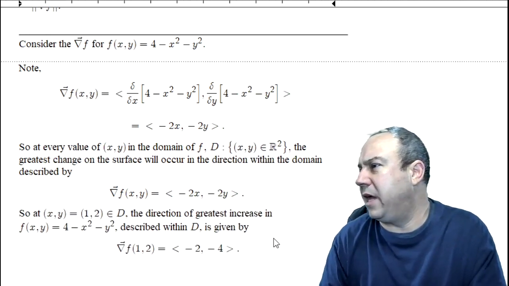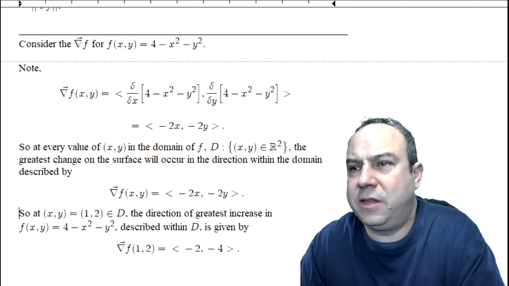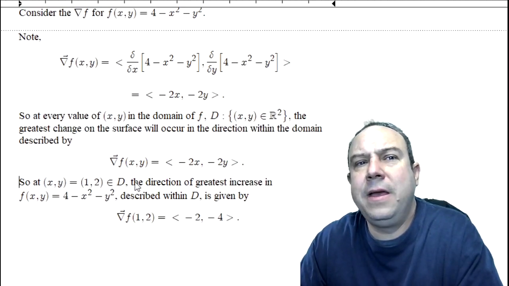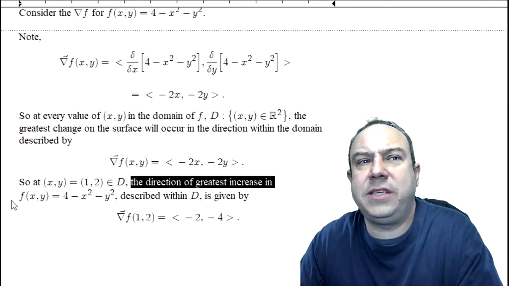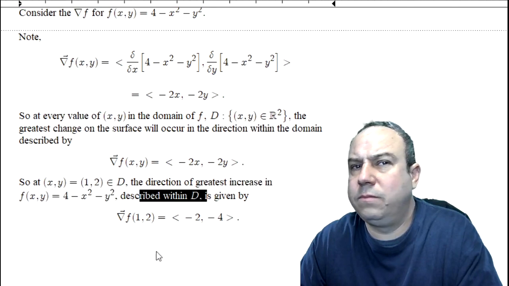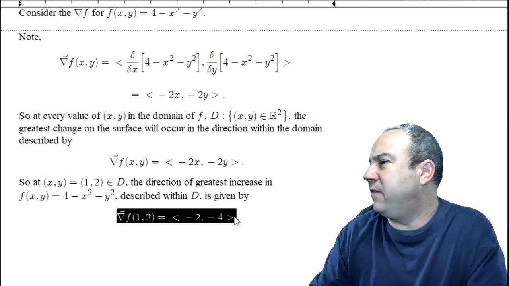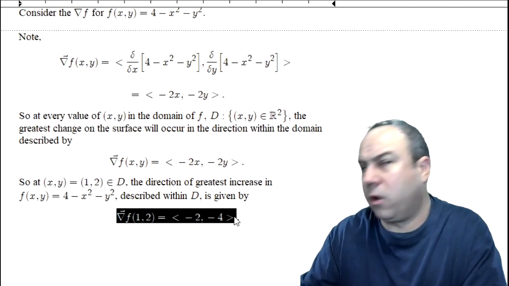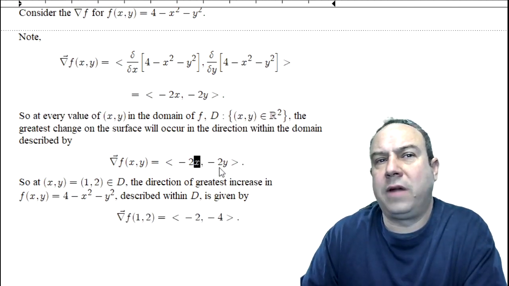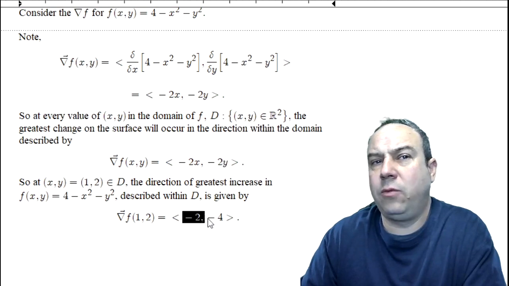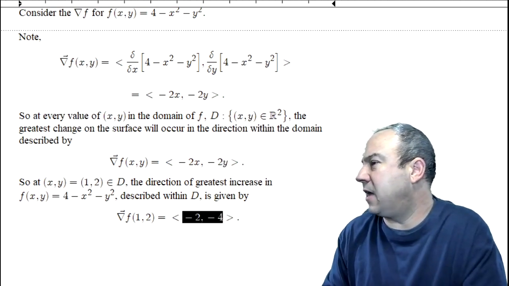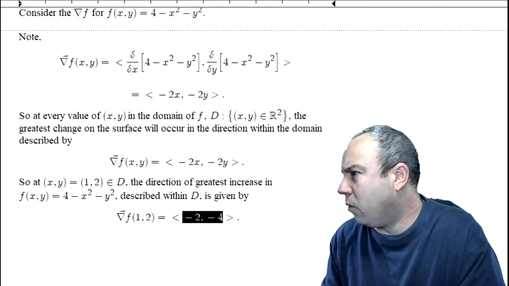So, if we were to place ourselves at 1, 2 in the domain at that location, the direction of greatest increase in that function described within the domain would be in the direction of negative 2, negative 4. Substituting in 1 for x and 2 for y will produce the direction described by negative 2, negative 4.